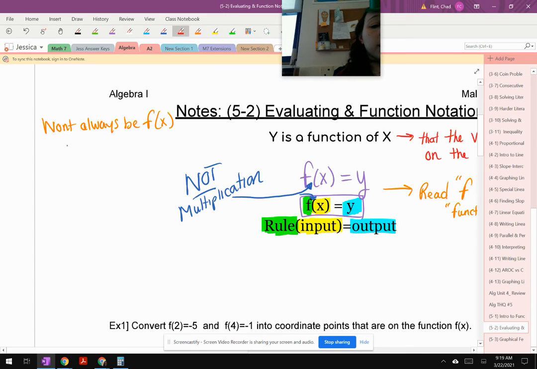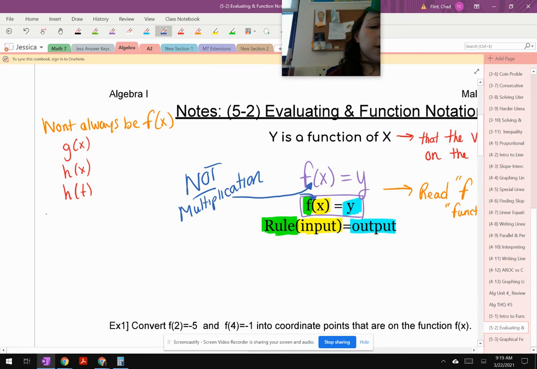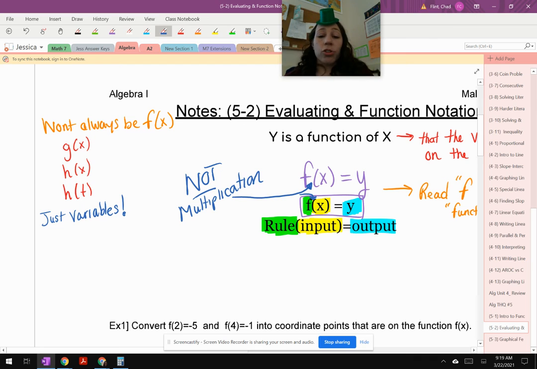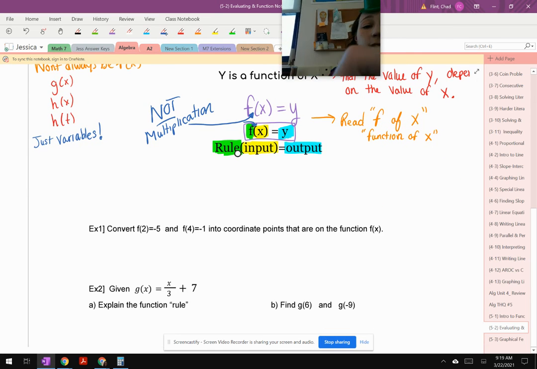You might see g of x, you can see h of x, we're going to get into h of t, and just like any variable, you can use any types of variables here. They're all just variables, guys, no big deal. They can be interchanged.